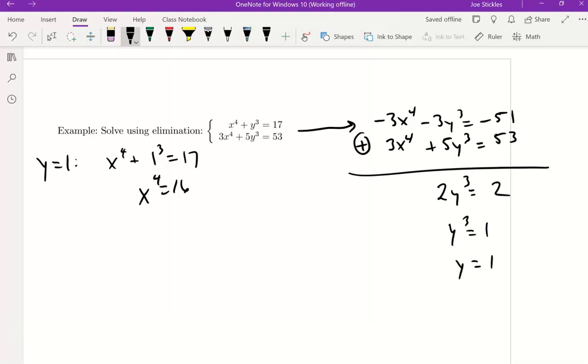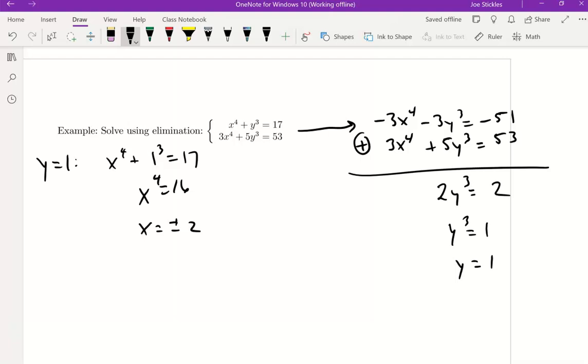Yeah, so remember, when you do an even power, it doesn't matter if it's positive or negative. When you do an even power, it becomes positive, right? So negative 2 to the 4th is the same thing as 2 to the 4th. So we'll get two solutions here. You'll get x is equal to plus or minus 2.